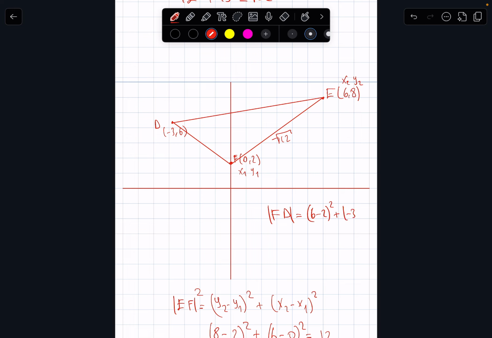Negative 3 minus 0 square. 4 square, 16 plus 9, 25, right? And FD, again, I forgot to put the square, is square root of 25, so it's gonna be 5. Here is 5, and ED is your homework, okay? I'm not gonna do it, I'm just passing it.